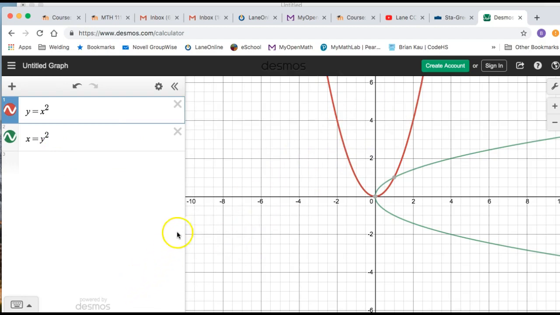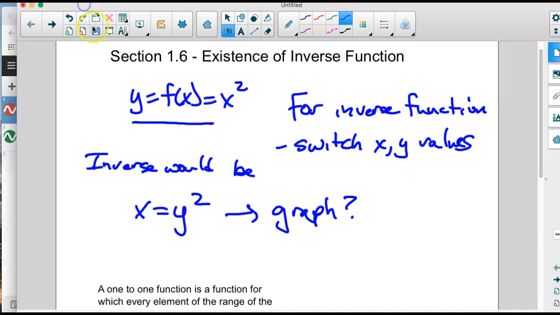So by switching the x and y's, we do not have a function on this, just our general basic parabola. So we start with a function that looks like this, and we get an opposite one that looks like this. And that is not a function.